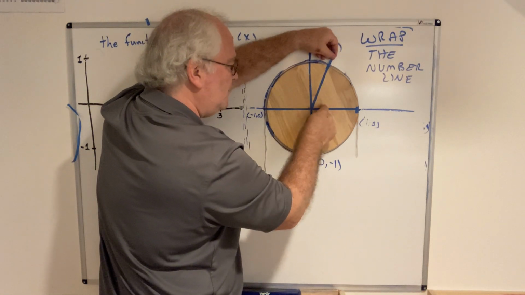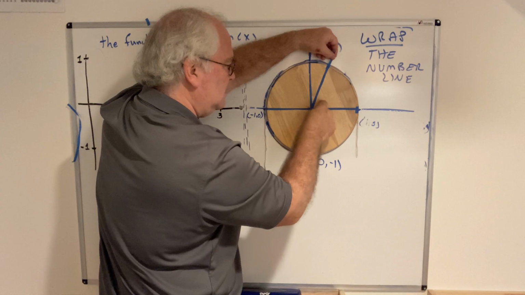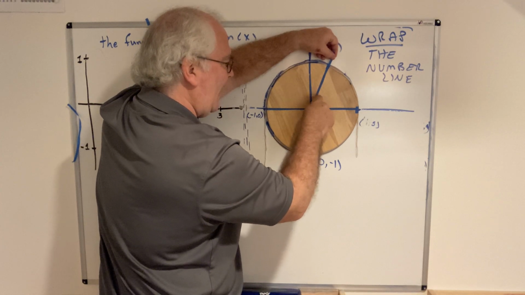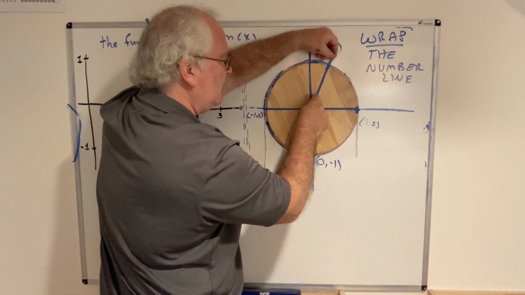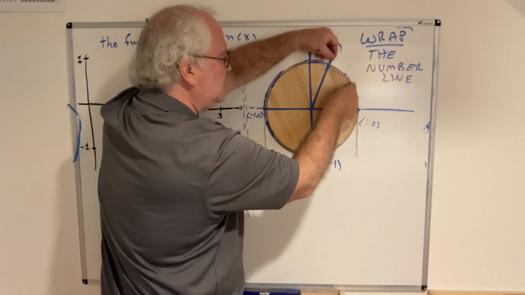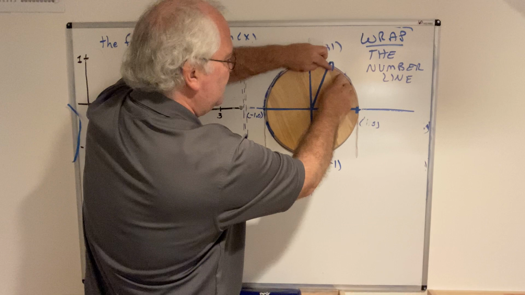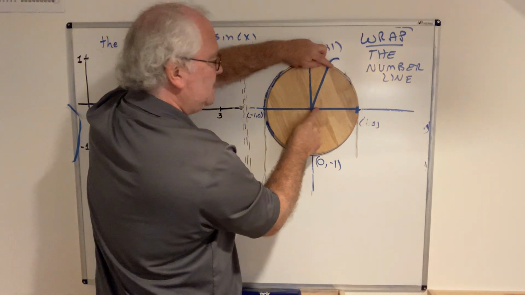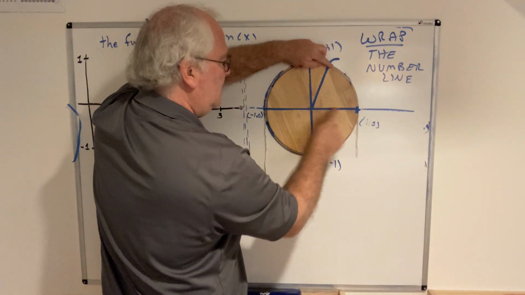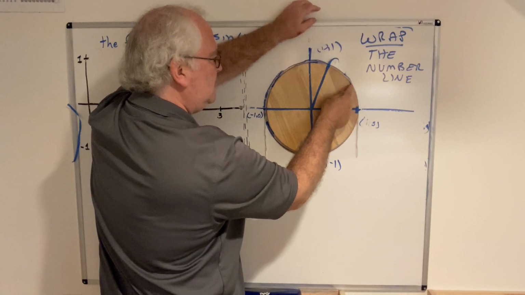The measure of this angle in radians is precisely the x-axis value that corresponds to this point. Because in this picture, R is 1, S is the arc length.